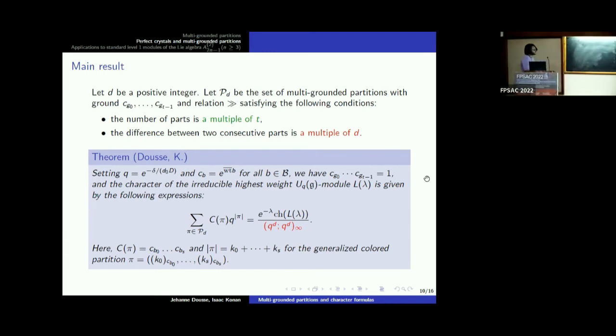So this theorem is really a generic method, because whenever you have the crystal of a certain level, you can just build a suitable set of multi-ground partitions to have the character.